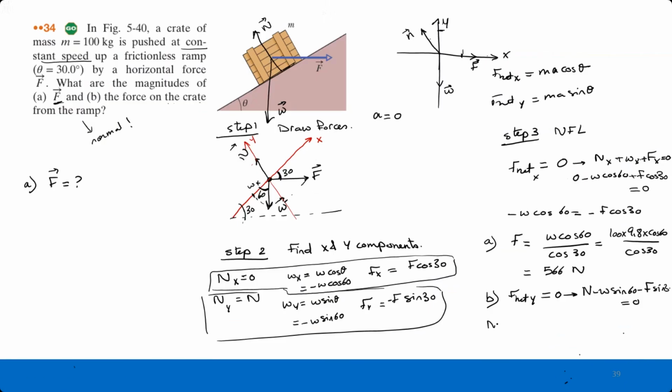Now I'll rearrange for N. N will be W sine 60 plus F sine 30. This is 100 times 9.8 times sine 60 plus, I found F, it was 566 times sine 30.